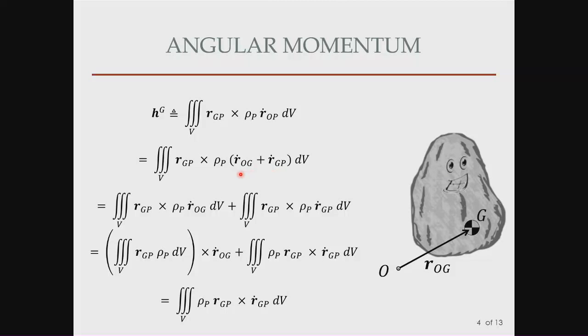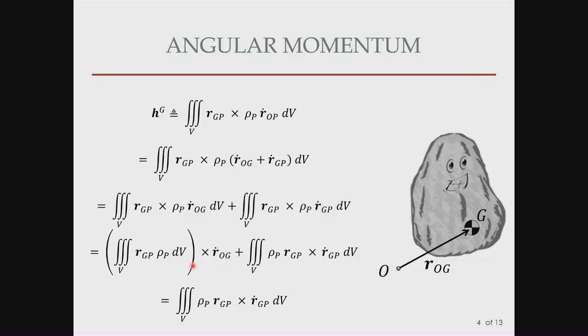Yeah? Okay, so now I'm just kind of opening the brackets, these two brackets, and let's look at this part first. Okay, so RGP cross rho ROG dot. Okay, now what do I do here? I took ROG dot with the cross outside of the integral. Can I do that? Yes, because point G is not traversing the rigid body as I'm taking the integration.